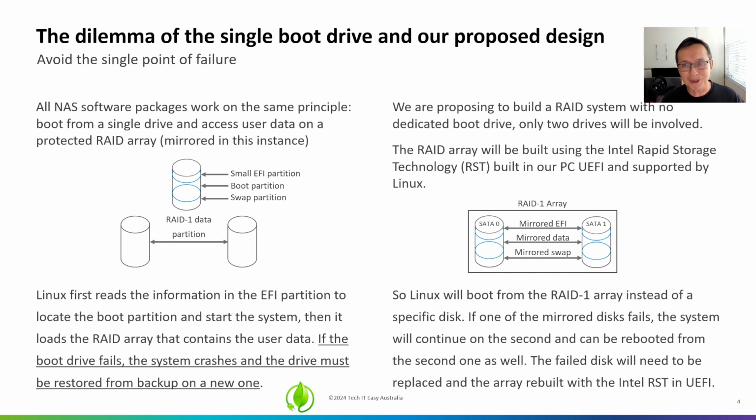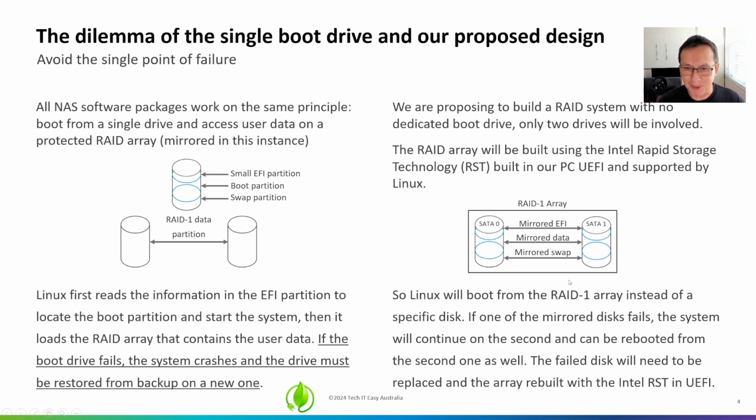What we're proposing is to build a RAID system that has no dedicated boot drive, so there's no single point of failure, and that will have only two drives in the PC. So the RAID array will be built using the Intel Rapid Storage Technology, or RST, that is built in our PC UEFI system and supported by Linux.